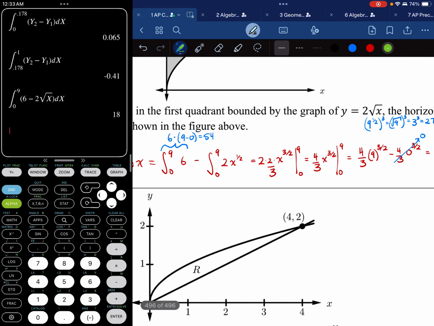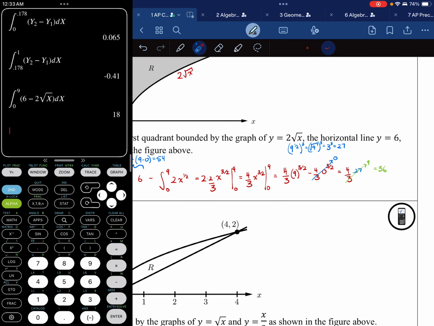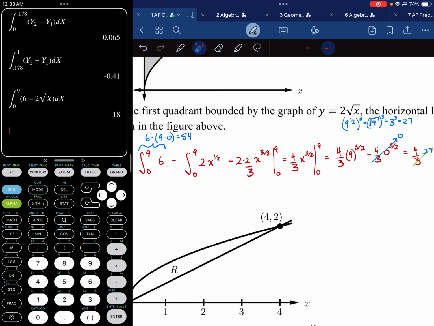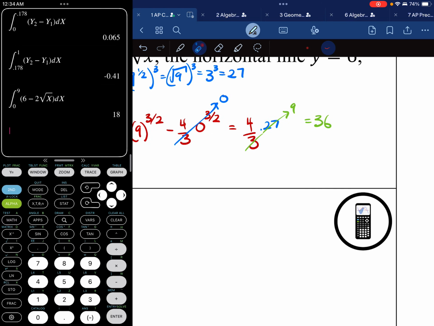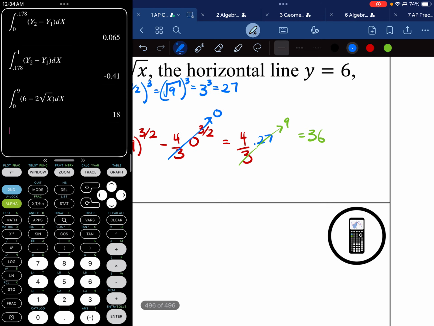I had this first integral, which is 54, and I just figured out that this integral is 36. So 54 minus 36 is what I'm really asking. 54 minus 36 is positive 18.